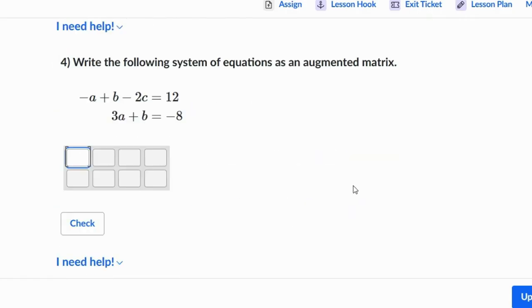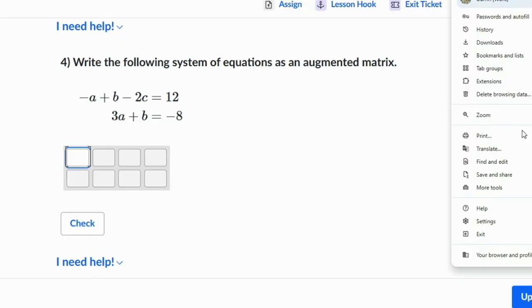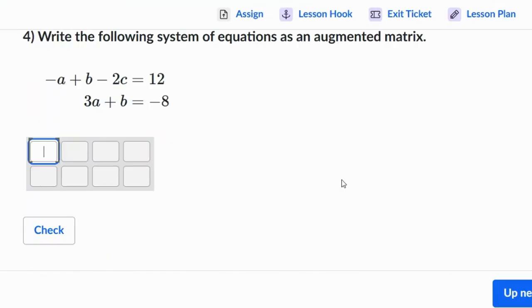Okay, what's our first row going to be? Give me the numbers for the first row. Numbers for the first row. It's like, oh, wait a minute, Mr. Brock, I don't see many numbers. They're there. So what is the coefficient of the A?